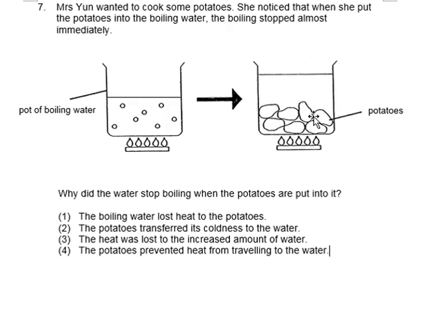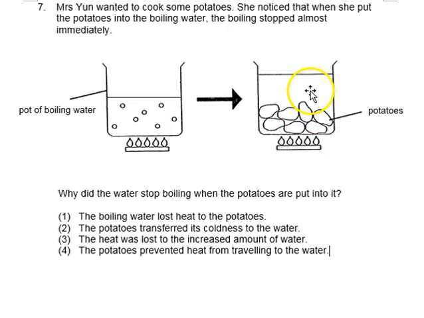Now, if the cold potatoes are gaining heat, where is it gaining the heat from? It is put into boiling water. Therefore, the colder potatoes will be gaining heat from the hotter water. Remember, heat travels from an area of hotter region to an area of colder region.